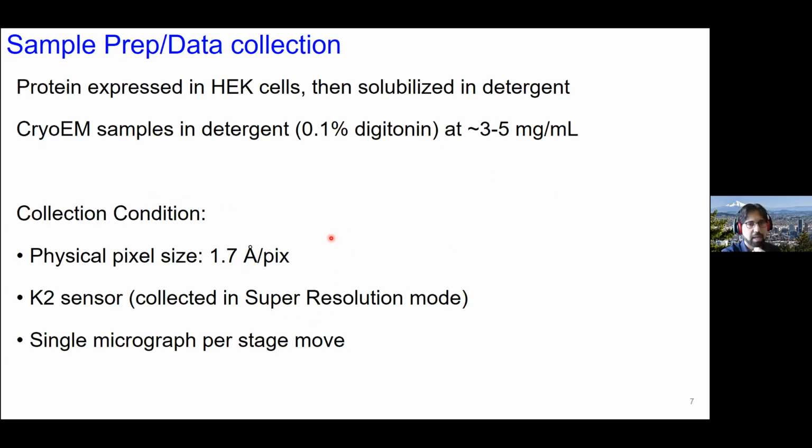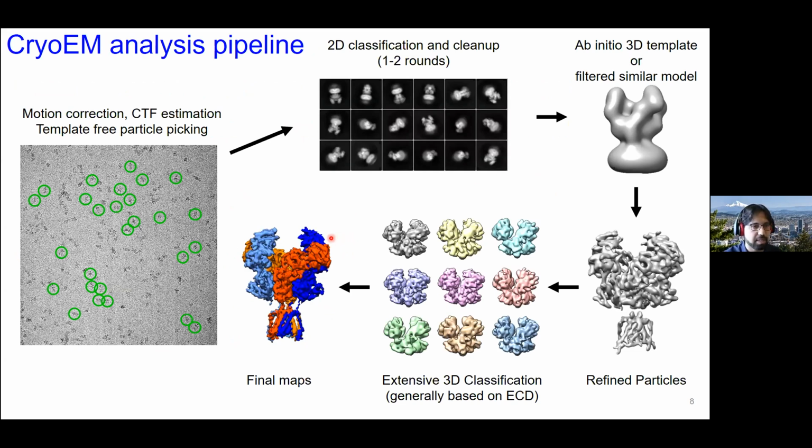Okay. And in terms of data processing, I would say our pipeline was pretty typical. It probably is pretty typical today for most groups, which is we take the movies that we collect, we motion correct them, we estimate the CTF, then we template pick, or we use a Gaussian picker or a template-free picker to pick particles. Then all of these particles will be 2D classified to get rid of junk particles.